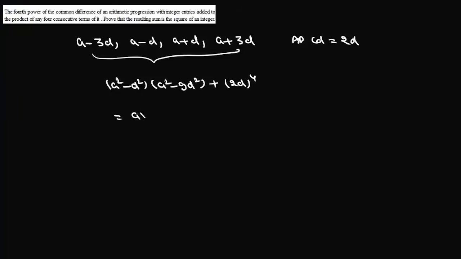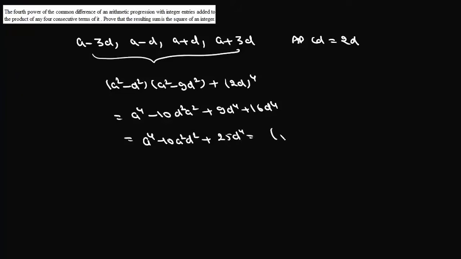Now we can write this as a to the power 4 minus 10d square a square plus 9d to the power 4 plus 16d to the power 4, which is a to the power 4 minus 10a square d square plus 25d to the power 4, which is a square minus 5d square whole square, which is the square of an integer.